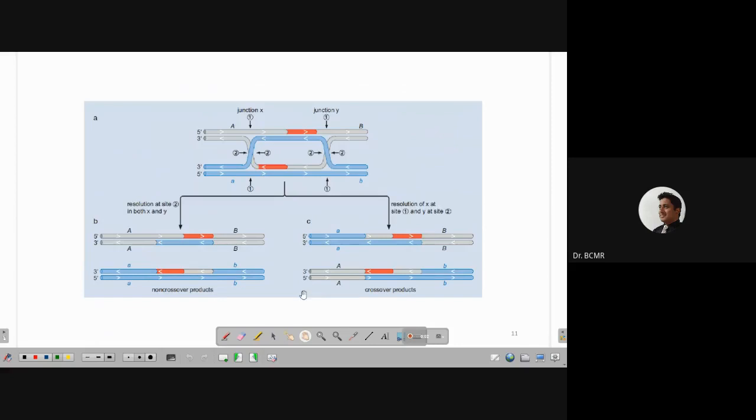There are two types of products: crossover products, or splice products, where the blue one is one DNA molecule and the other one is coming from a different DNA molecule. As opposed to non-crossover products, or patch products, where only a bit of this strand has been exchanged between these two DNA molecules.